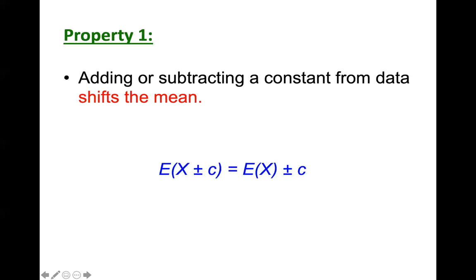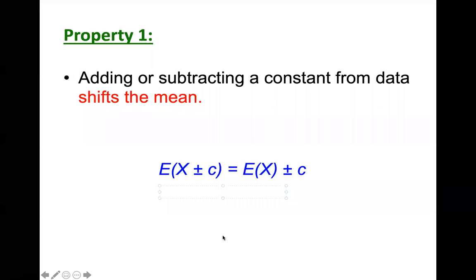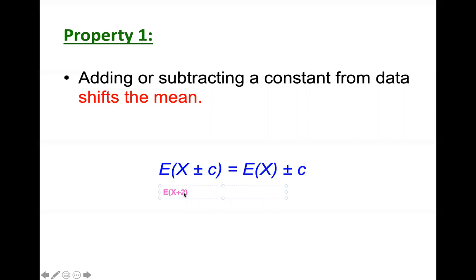All right, so what's happening is that the teacher is adding 2 points to every value in our data set. All right, so 2 is our constant. What that's going to do, according to our formula, is it's going to take the old average, that's the E of X, and also add that constant. So in this case, the original average was 80, which means our new average would be 82.